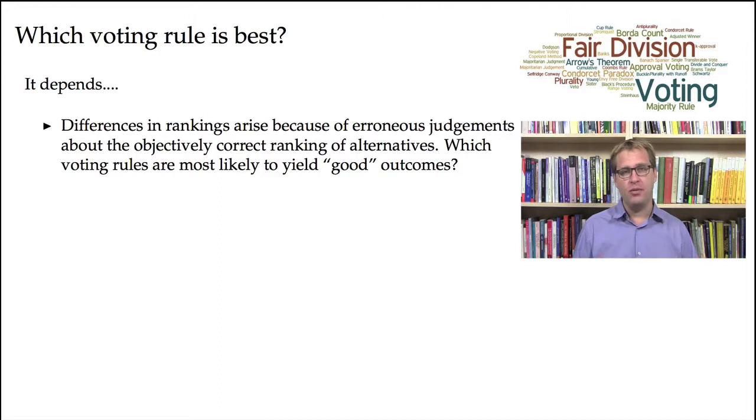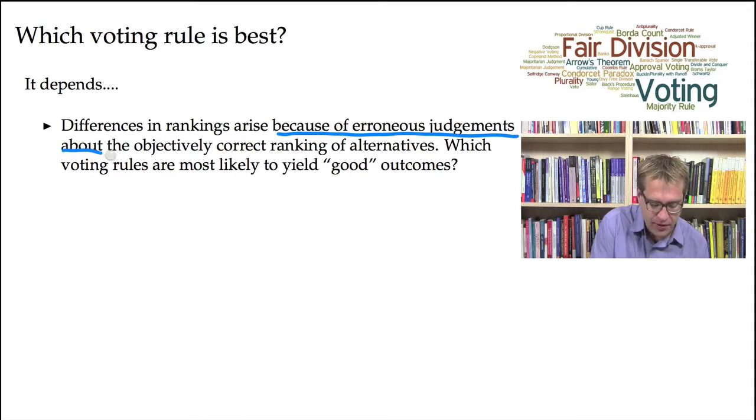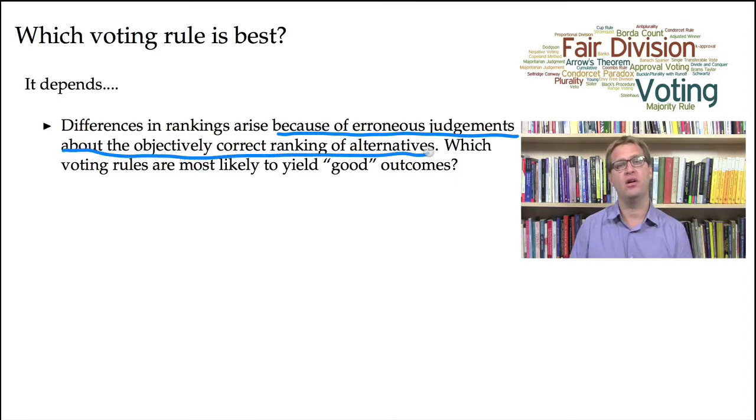Well, on the one hand, we might imagine that the differences in rankings arise because of erroneous judgments about the objectively correct rankings of the alternatives. So the idea here is that we have a set of voters, and they all generally agree about a common objective. And there's this set of alternatives, and we can think of these alternatives as different policies or different ways of achieving that common objective.